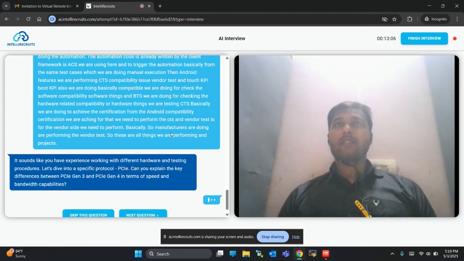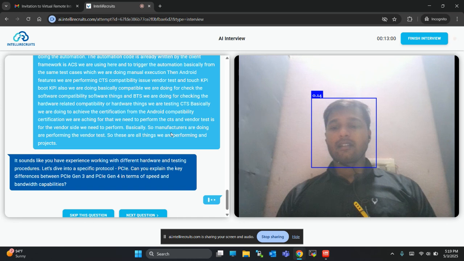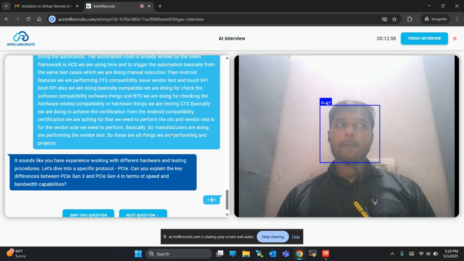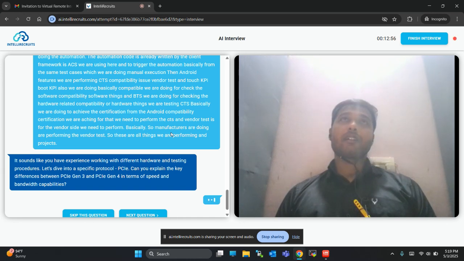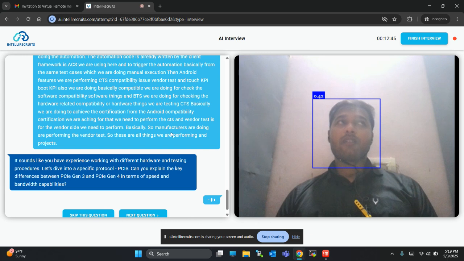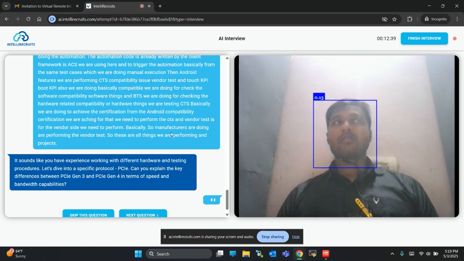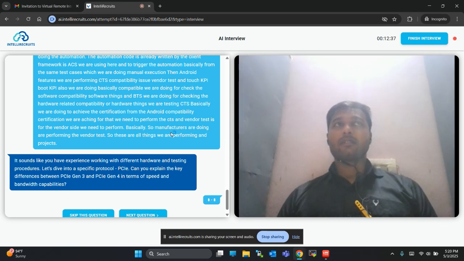PCI Gen 3 and PCI Gen 4, like, PCI basically we are using in graphics testing. In passthrough, when we were enabling that, we were using the PCI basically, like we were enabling the PCI passthrough when we are using the passthrough.